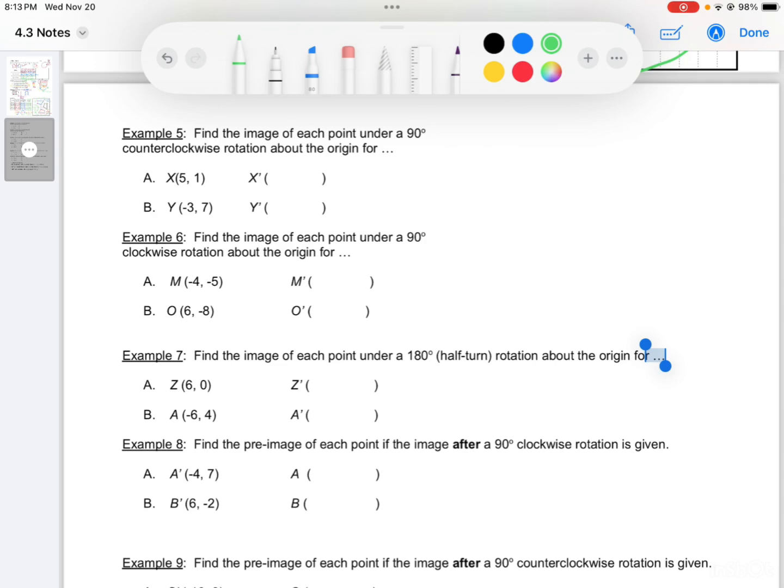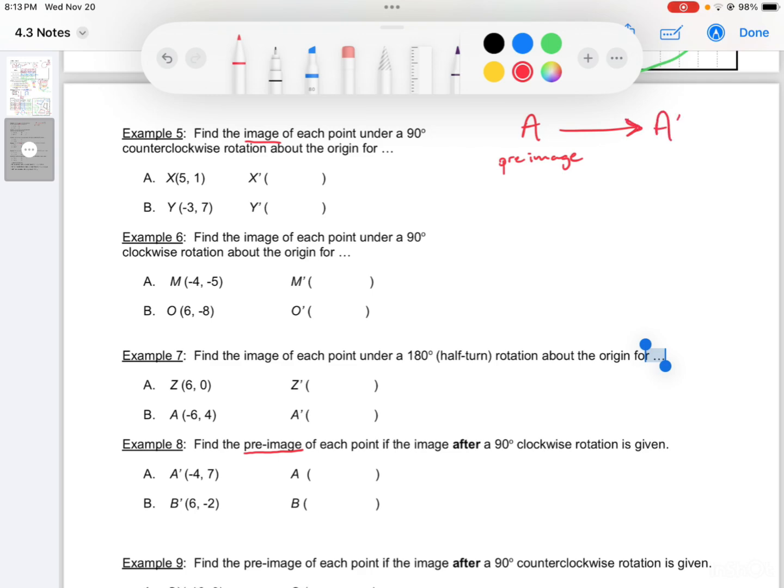All right, we're going to do just a couple of these examples because I want you to do some of them yourself. For example number 5, it says to find the image. That's really important, that you're reading those correctly each time. Like down here at 8, it says pre-image. So remember, when you have your letter, that's your starting point, your pre-image.